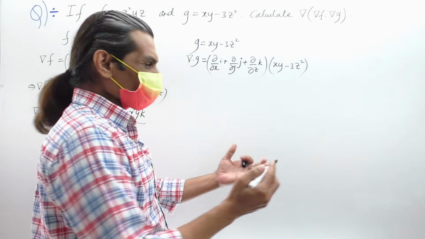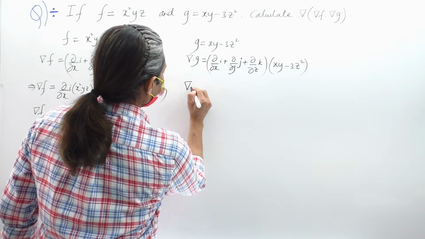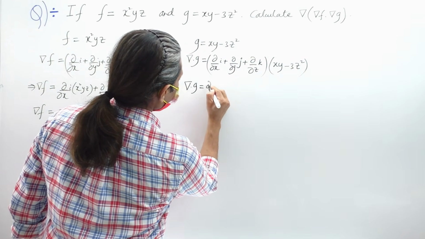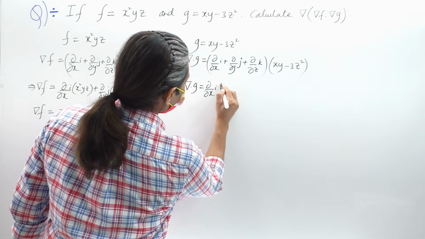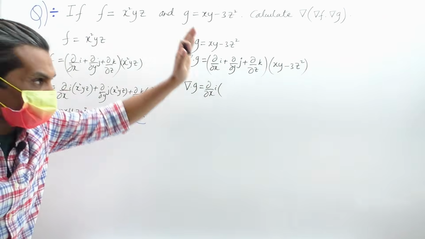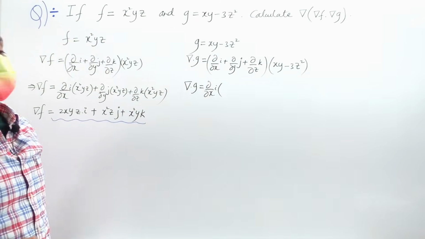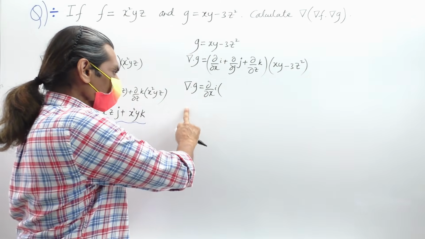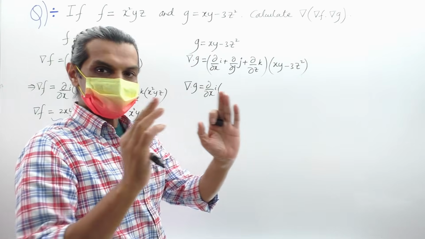Now del g equals, again see, dou by dou x of i into this function g, xy minus 3z square, partially differentiated with x, then y, then z separately.